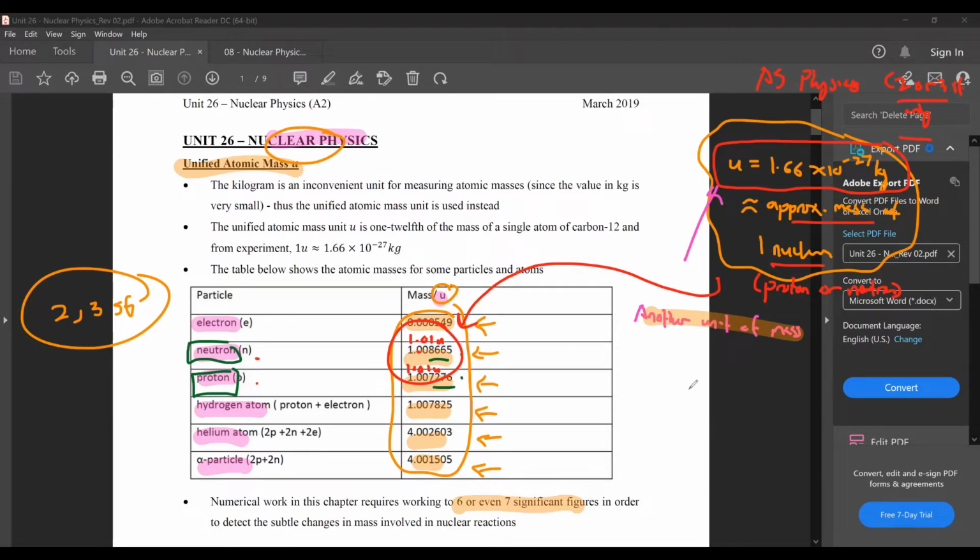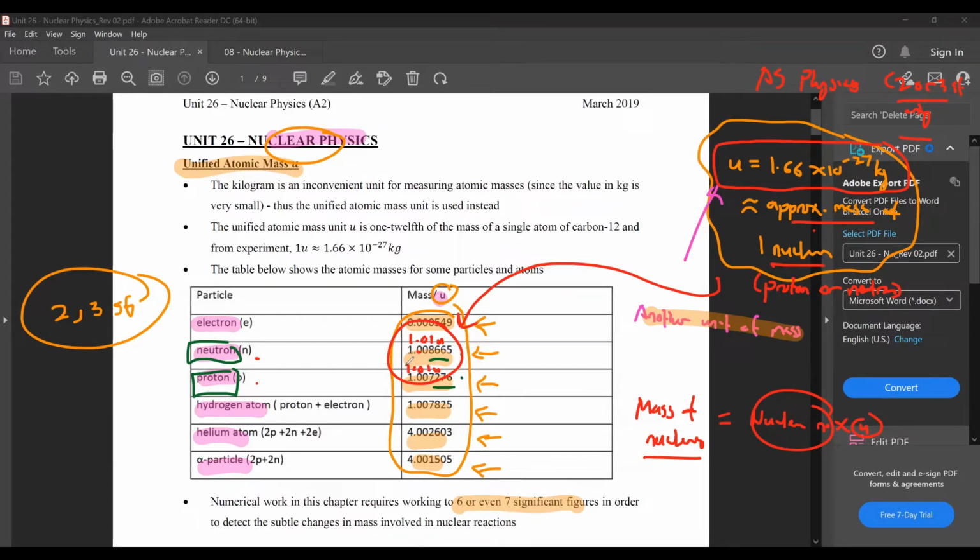If you're trying to find out, say, the mass of a nucleus, what you did was that you take the nucleon number, multiply with U. You take the total number of protons and neutrons, multiply with U to get the mass of the nucleus itself. Because that time we assumed that 1 U is actually the mass of one nucleon. Okay, that was the idea there.